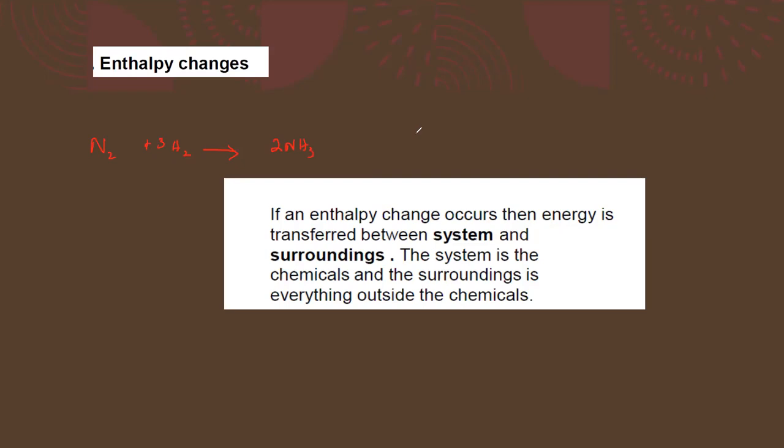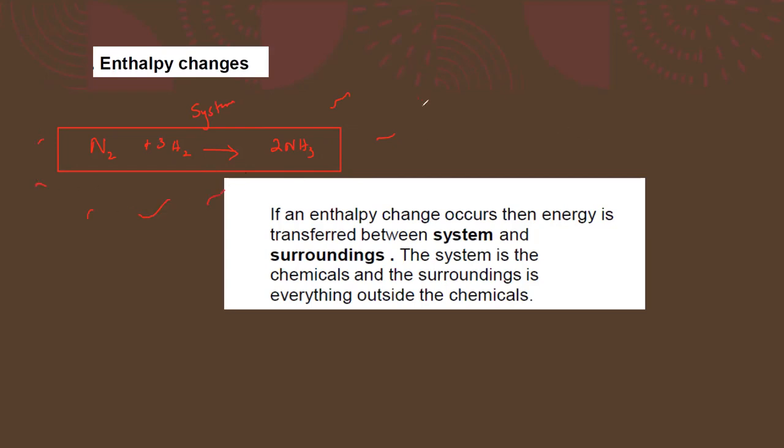The system refers to the chemicals. So nitrogen, hydrogen and ammonia all refer to the system. And what is the surrounding? All the things other than the system refer to the surrounding.